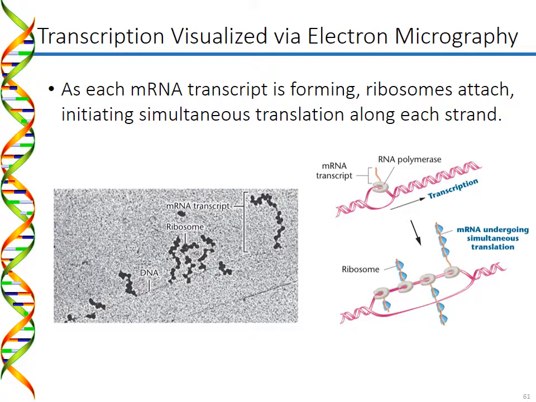And so the promoter would be off to the left, probably off the electron micrograph, and the gene that is being transcribed, the polymerases that are furthest to the left in the picture are the ones that have just bound and have just started to produce mRNA transcripts.